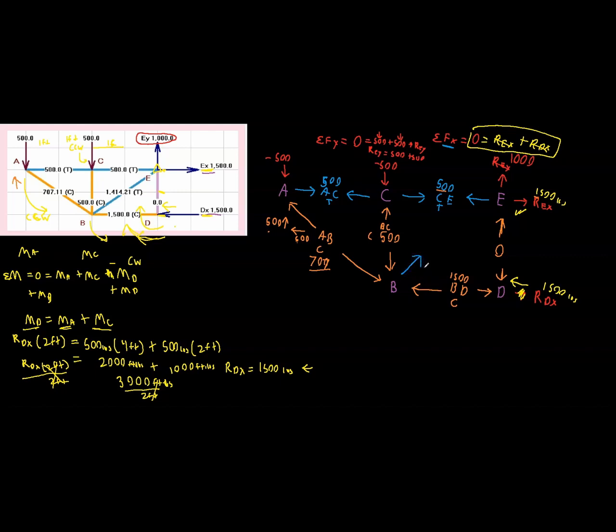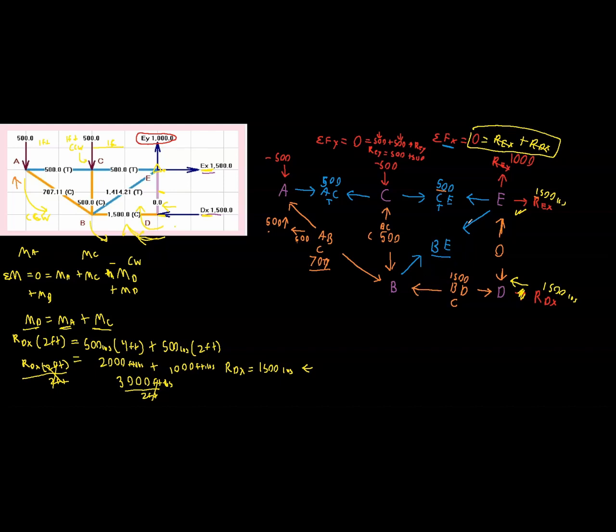I wouldn't have assumed it was going to the right because I had one left and one right, but I do know it has to be going up, and if BE is going up, it has to be going to the right as well, and if it's going up and to the right at B, it has to be going down and to the left at E, giving you that downward force to cancel out Ray. And so I know that BE has to equal tension.